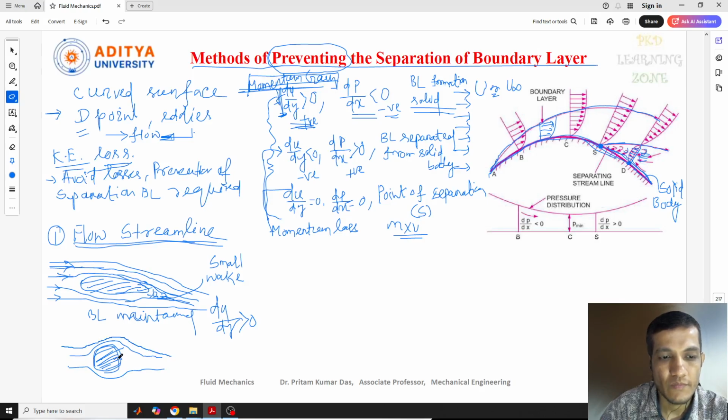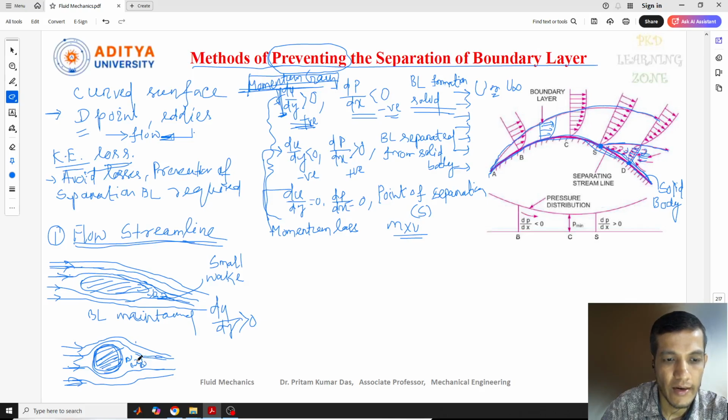Okay, see, though the fluid is flowing in the streamline condition, you can see a huge gap after this body. So this gap is nothing but the formation of wakes.